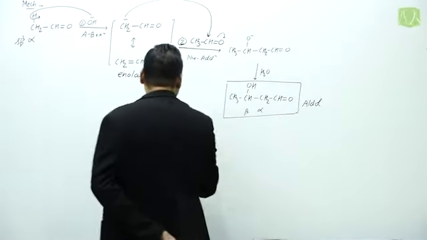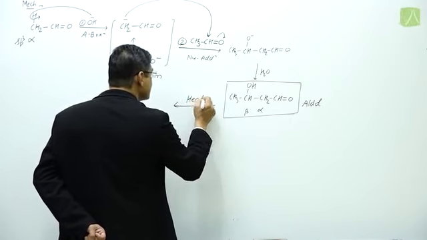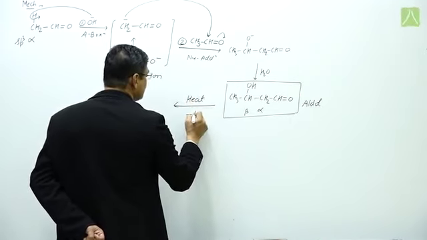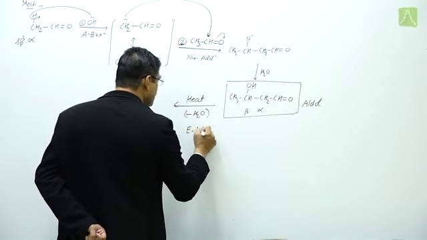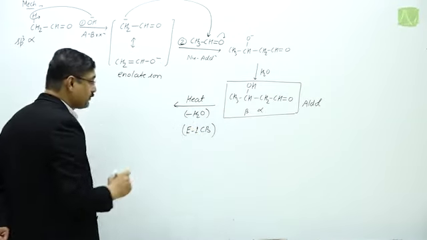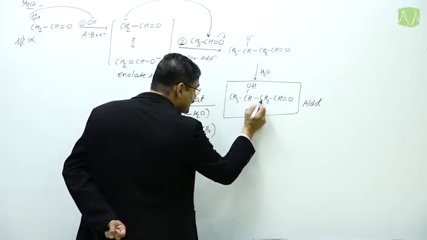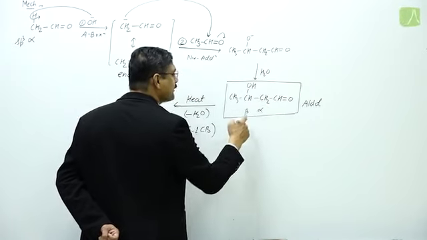In the next step, if I increase the temperature, then dehydration takes place by E1CB mechanism. E1CB means the acidic strength of the hydrogen must be a little higher than normal.